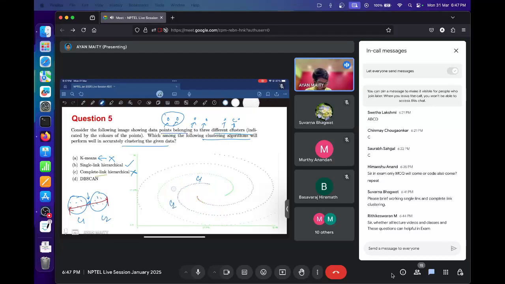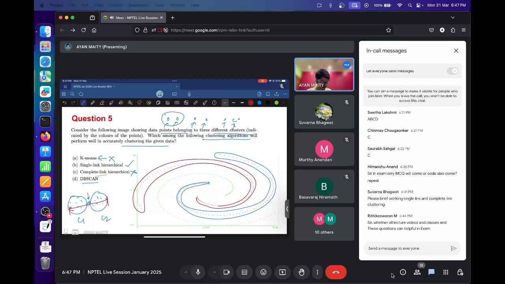Then the fourth option is DBSCAN. It is a very well known density based clustering algorithm, and the points are distributed in such a way. This is one dense region. Now this is another dense region, and this one is another dense region. So there are three dense regions. Each dense region should actually form one cluster.